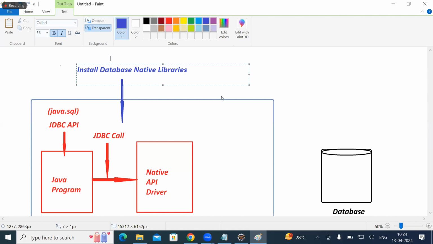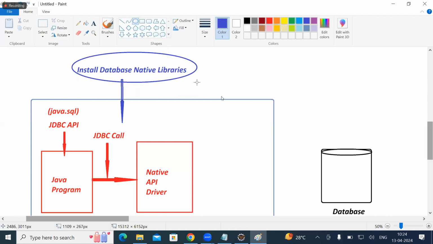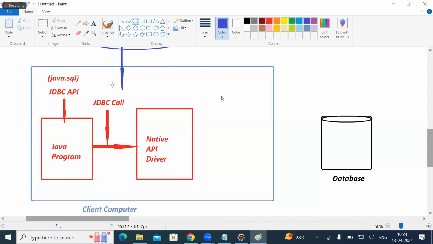Once you install them on your computer, then this native API will take the support of these installed libraries and it establishes the connection.